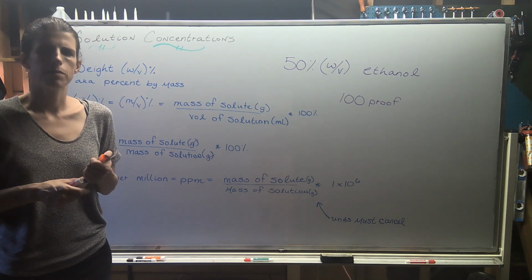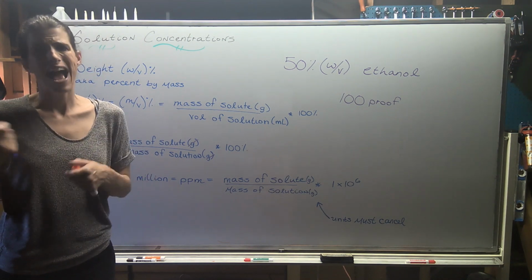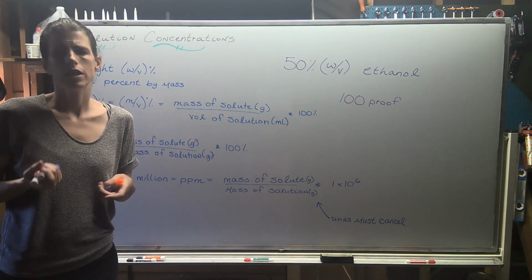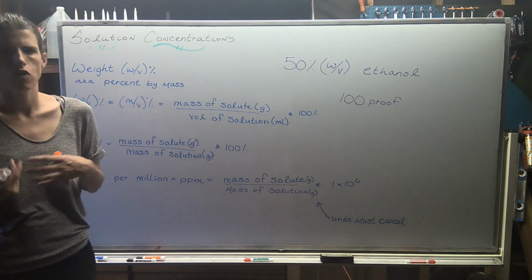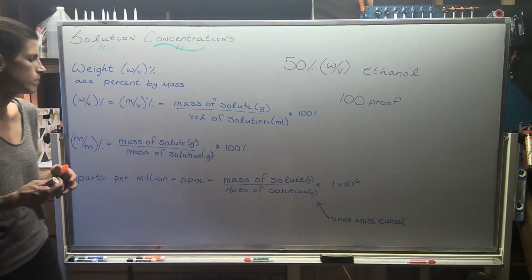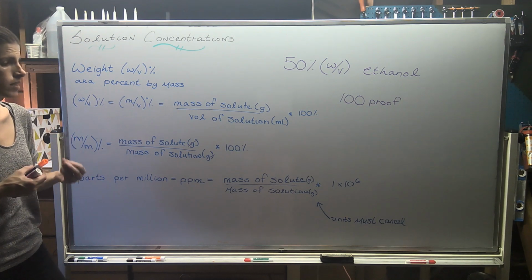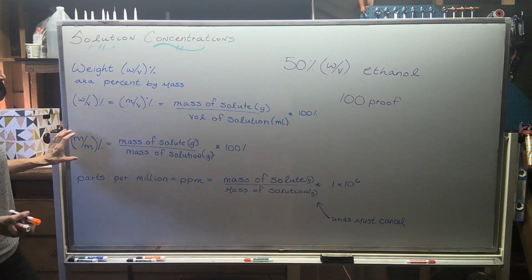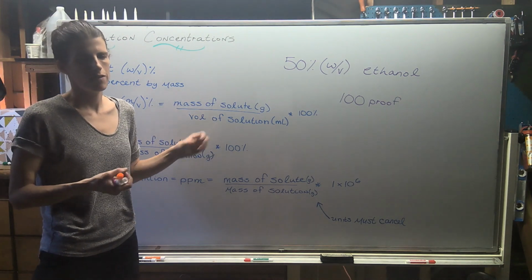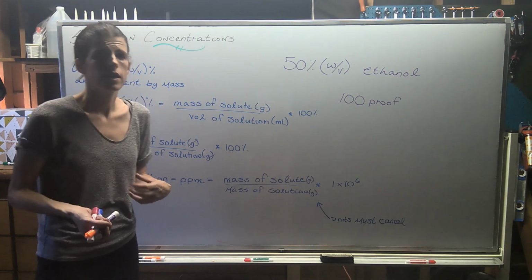So if you wind up using your background to test water quality or atmospheric chemistry, whenever there's any kind of pollution, thank goodness, a lot of times we're still at the level of ppm or ppb. Because there's such small amounts of some toxic contaminants in our water, if we were to just do a mass by mass percent, we would have something with scientific notation, and that would be hard for the public to interpret.